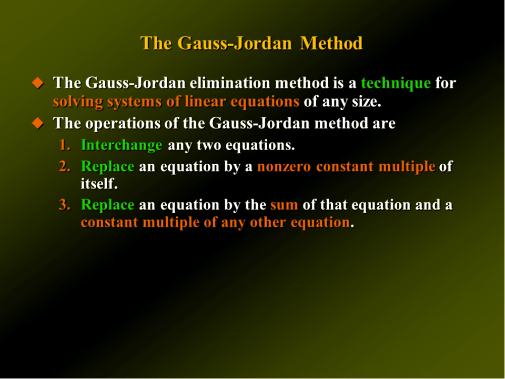The operations of the Gauss-Jordan method are: interchange any two equations, replace an equation by a non-zero constant multiple of itself, and replace an equation by the sum of that equation and a constant multiple of any other equation. These are the written rules that we use in the Gauss elimination method.